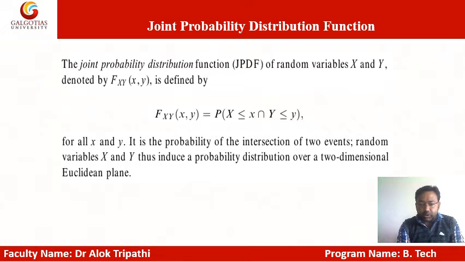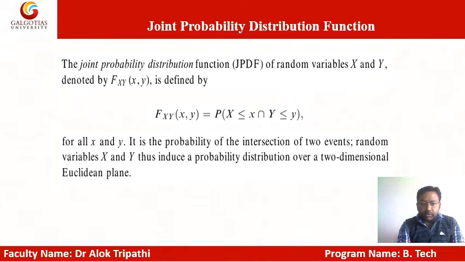F_XY(x, y) is equal to the probability of the intersection of X and Y, when capital X is less than or equal to small x and Y is less than or equal to small y. So this is the definition of the joint probability distribution function.